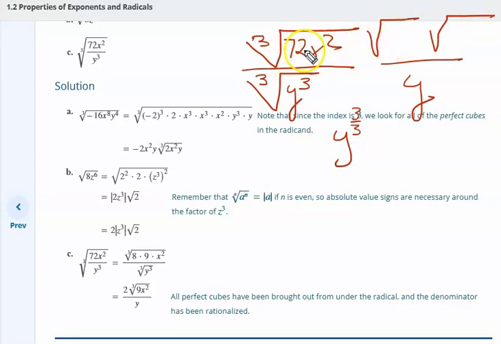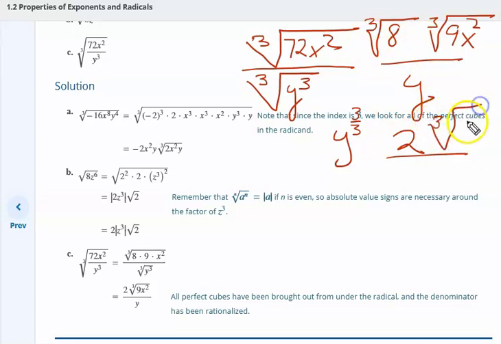And we end up with 8 for the number and a 9. This is a perfect square, but this is a perfect cube. And there is no perfect cube of x. We've got to put our 3 there. So our numerator now becomes 2, the third root of 9x squared over y. And there's our answer.